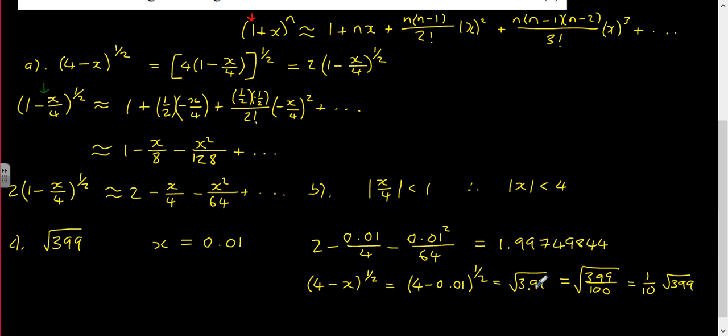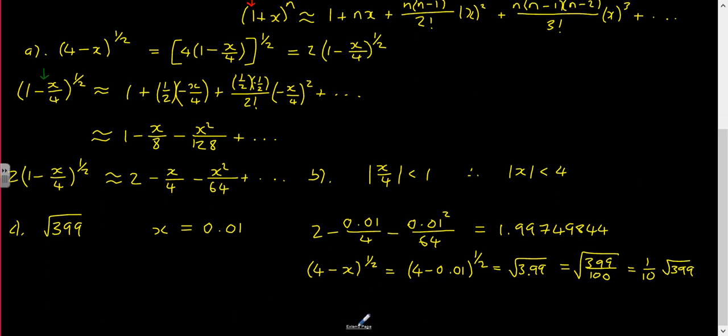So we're sort of saying, if we substitute x equals 0.01 into this expression that we were given initially, we get 1/10 of the answer that we're looking for. So we take that and we say, right, well, if this is 1/10 of the square root of 399, it stands to reason. If I take my approximation given by the expansion and multiply it by 10, then I've got my approximation.